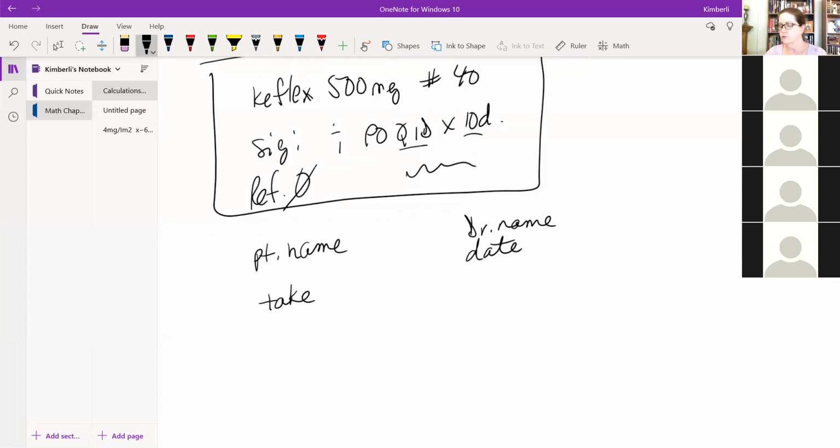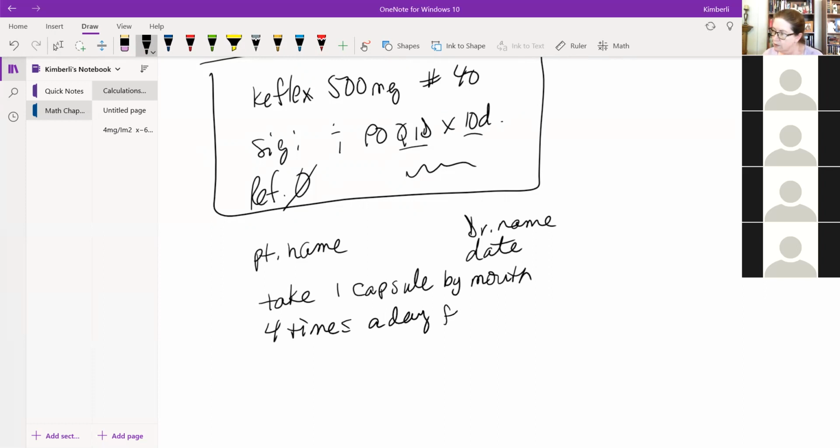But in this case, if we have 500 milligram capsules, and Keflex comes in capsules, we're going to put take 1 capsule by mouth 4 times a day for 10 days.